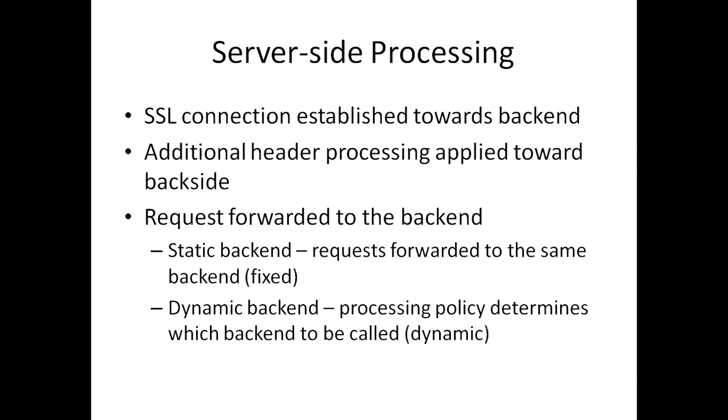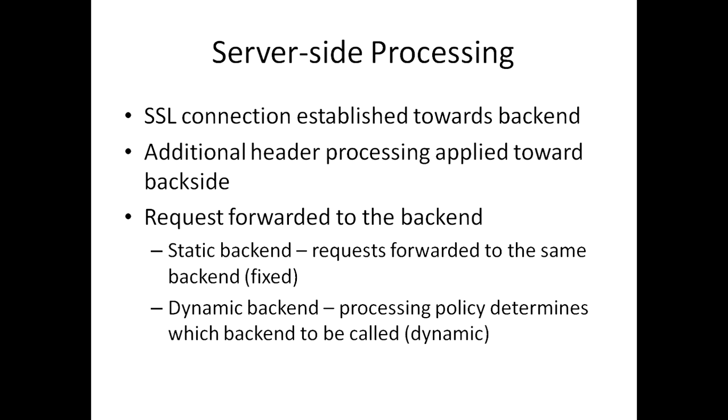The last one is server side processing, which means once DataPower applies the service processing policy, it determines the backend of the particular request and where it needs to route the request, based on the dynamic backend approach. It will call the backend services using an SSL or non-SSL connection. There could be two possibilities for the backend.